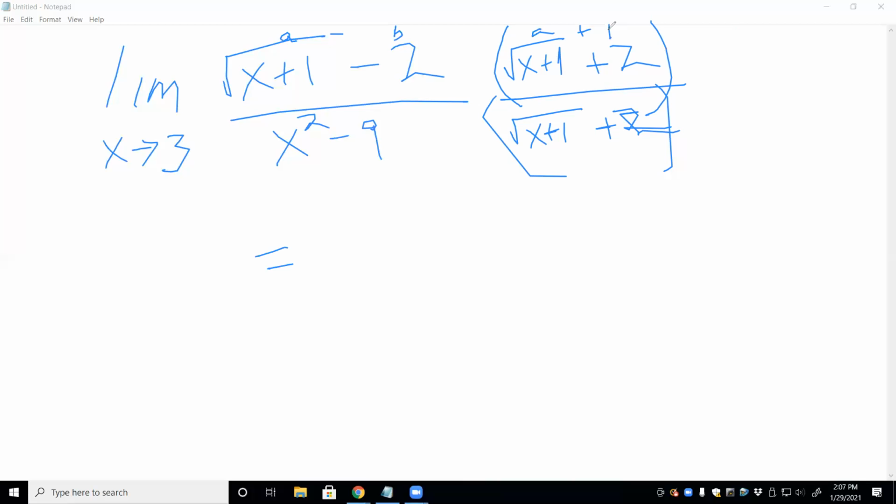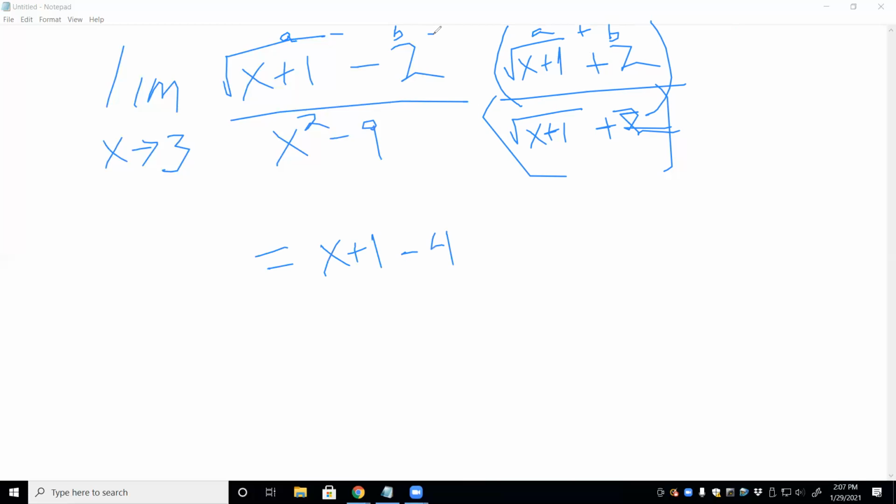I know what that's going to be. That's going to be a squared minus b squared, right? No middle terms. So a squared is x plus 1. Minus b squared is minus 4.